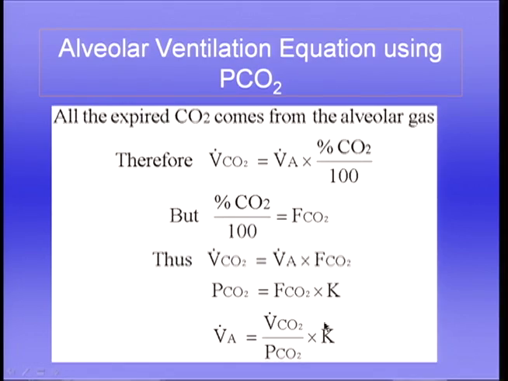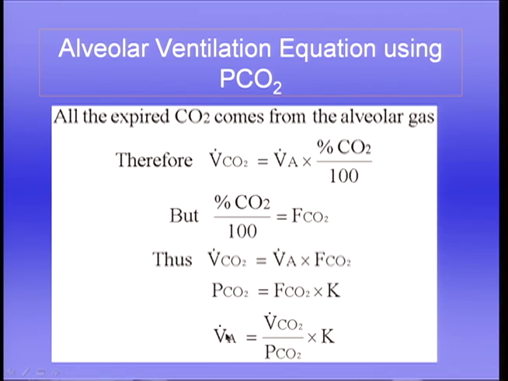And believe it or not, it's not all that difficult to measure the PCO2 in arterial blood. It's done all the time. So this turns out to be a very important equation in the subsequent work we're going to be doing on gas exchange. You can see, for example, that if the CO2 production is normal, which it generally is, then the alveolar ventilation and the PCO2 are inversely related.